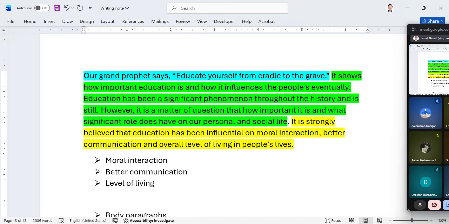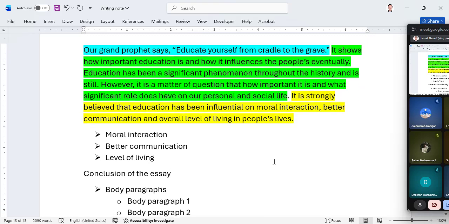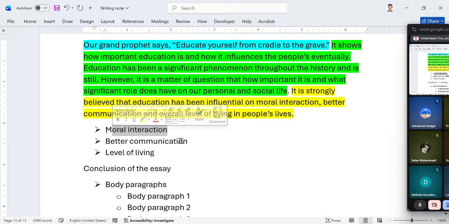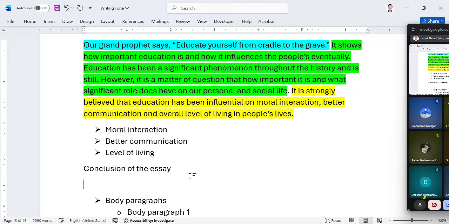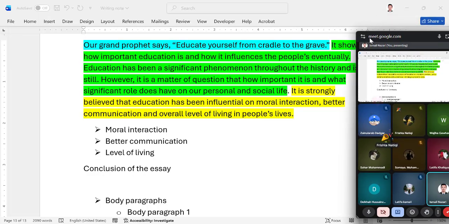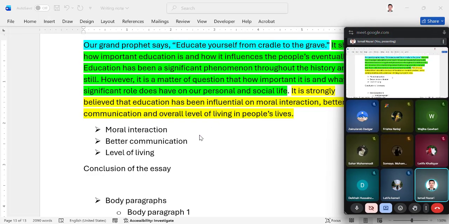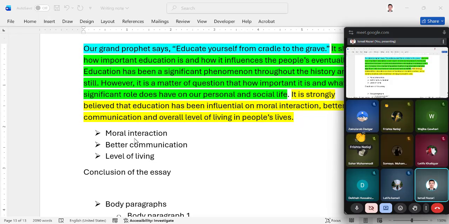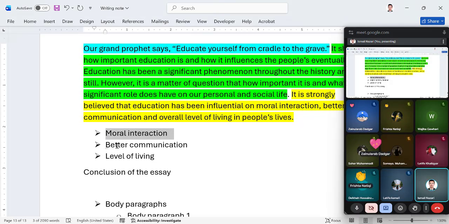And finally, we'll have a conclusion to the overall conclusion of the essay. Itself can be one paragraph, this one can be one paragraph, this can be one paragraph. Overall, it makes our essay. Yep, that's it. So we'll discuss the next day on how to go ahead with developing the other paragraphs. First paragraph, second paragraph, and the third paragraph.